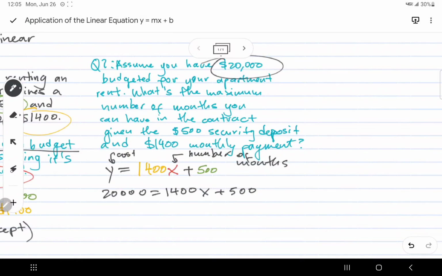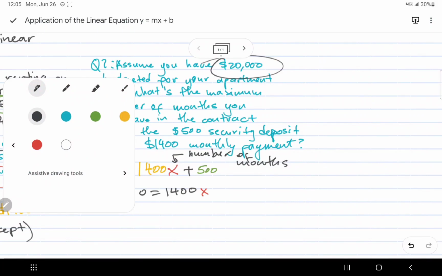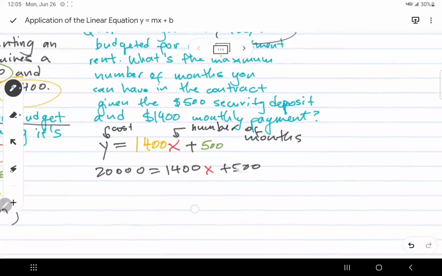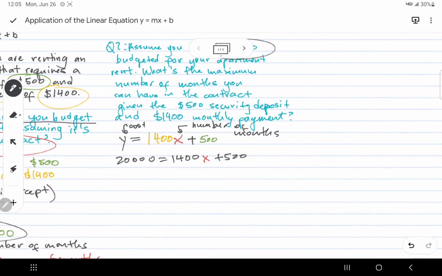And now we need to solve for the number of months, also denoted as X. So let's try to figure that out. I should have probably written it down with this in the first place, so I didn't have to go back, but that's okay. So we solve for X, and if you would need more help on this, please refer to my playlist, pre-algebra to college algebra. That'll show you how to solve for X in one-step and multi-step equations.